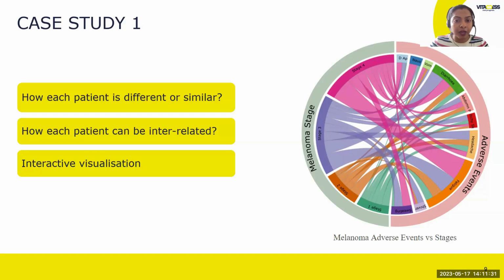This kind of interactive visualization helps visualize the relationship between the two variables we have used, which are the adverse events and the stage of melanoma, allowing clinicians or researchers to identify patterns or trends in adverse events across different stages of melanoma.